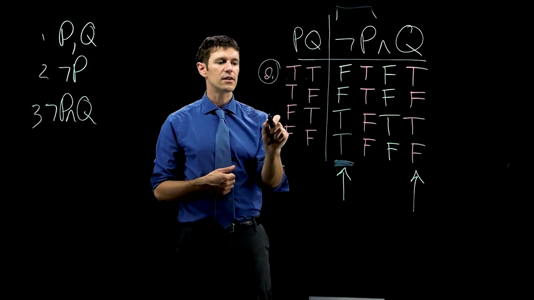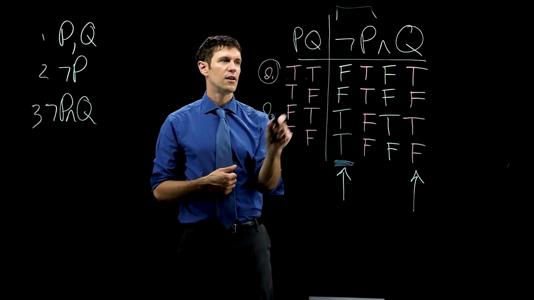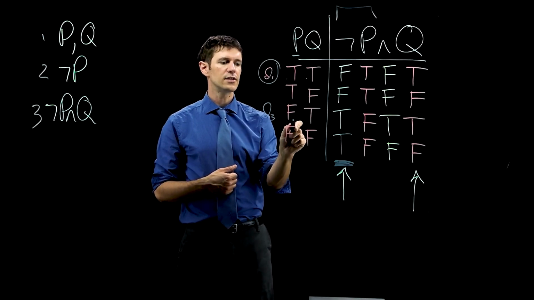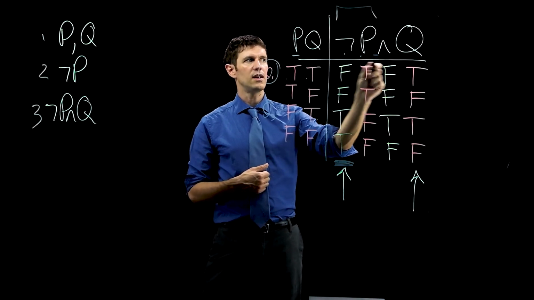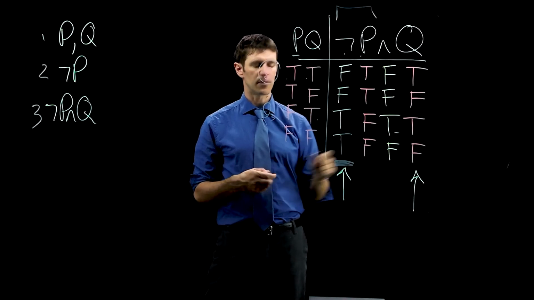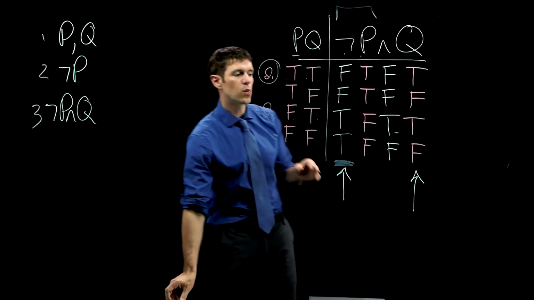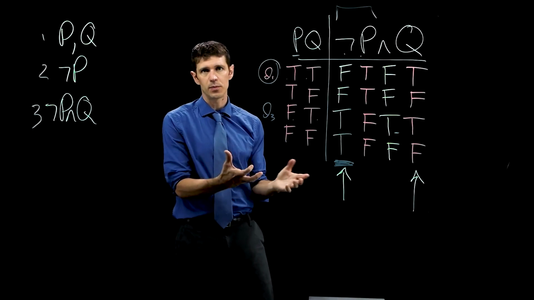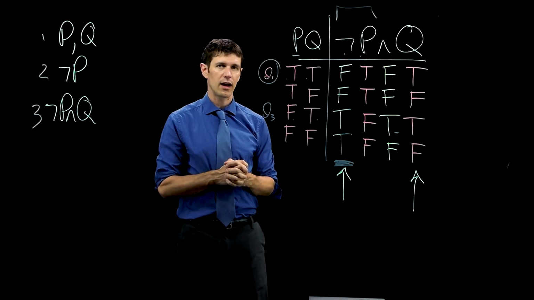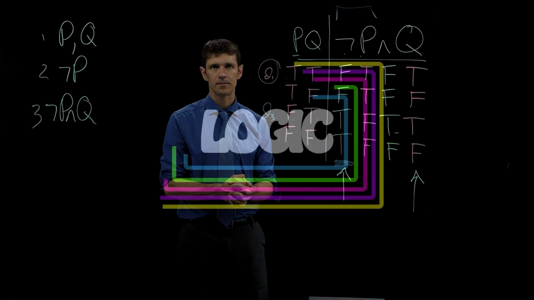On the other hand, if we interpreted P as false and Q as true, then not P and Q is going to be true. So this was just one quick example of how you would walk through and do a really simple truth table for a single formula.